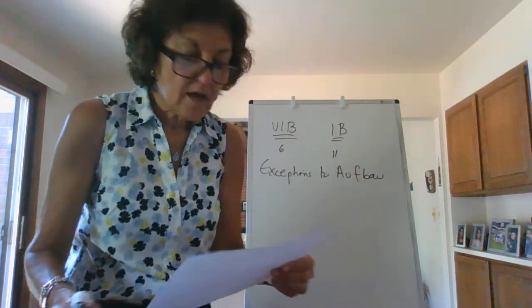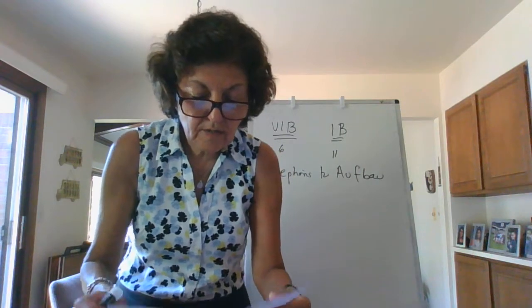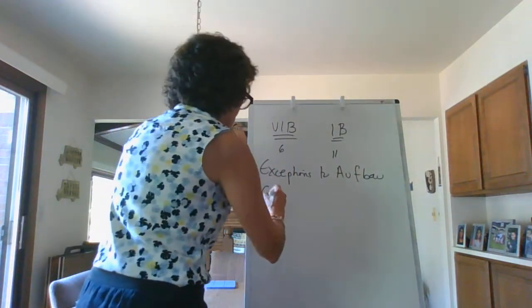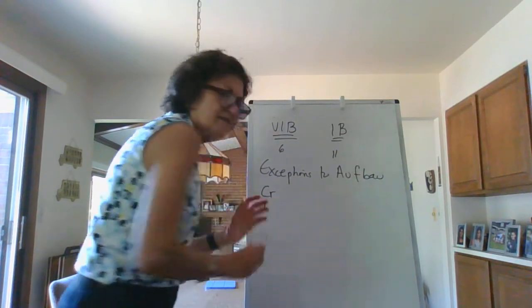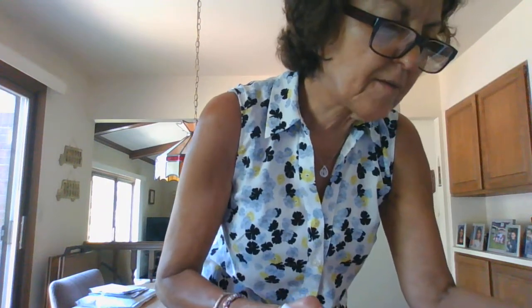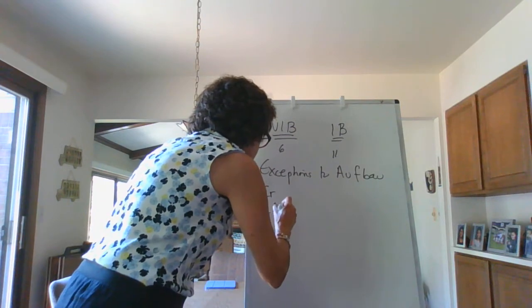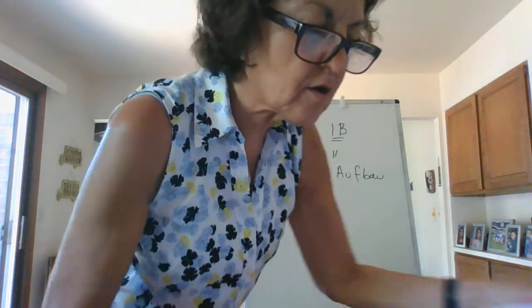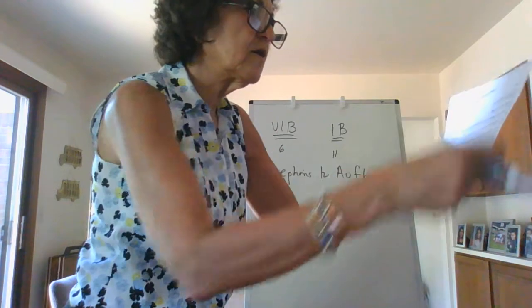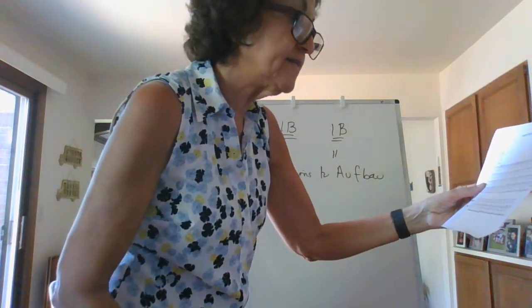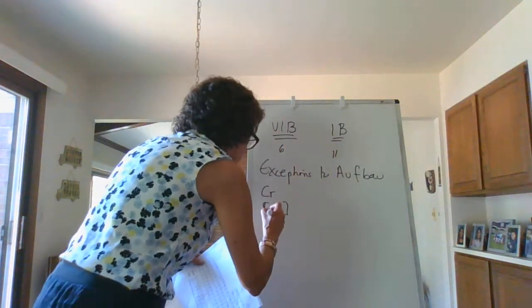All right. And what I'll do is go ahead and do the electron configuration of, let's just do chromium. So chromium is, let's do the noble gas. Chromium would be argon, right? Argon. And how many electrons is argon? Argon is 18. Okay, put 18 here.